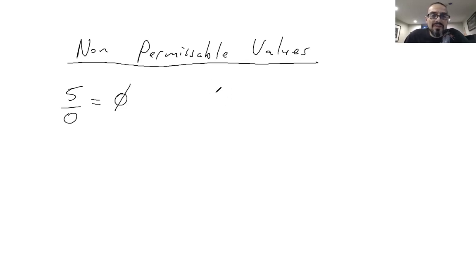So an example would be if I gave you a rational expression like x plus 2 over x minus 3, and I asked you what the non-permissible values were. There are different ways to ask this question, by the way. I could say, what are the non-permissible values? And you would say x can't equal 3.